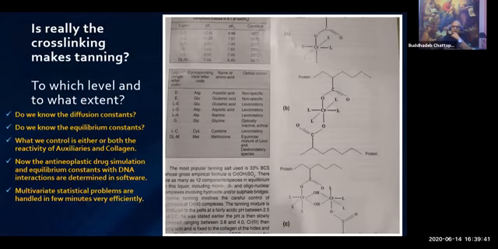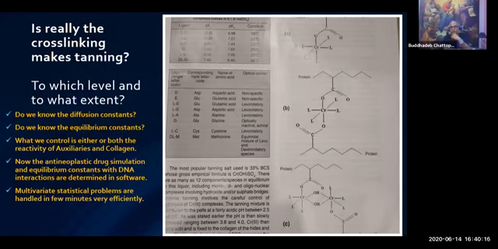That is, we do not know the diffusion constant. Any auxiliaries go inside a layer by a diffusion control mechanism, and each one has a different diffusion coefficient. We do not know. We do not even know the equilibrium constant of a chemical reaction, whether it is chrome tanning, vegetable tanning, dyeing, fat liquoring, etc. When chemical bonding is there, we do not know the equilibrium concentration or equilibrium constant.